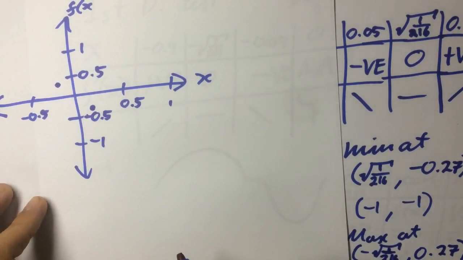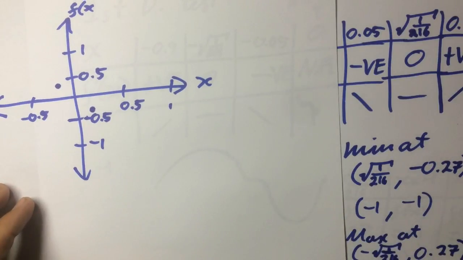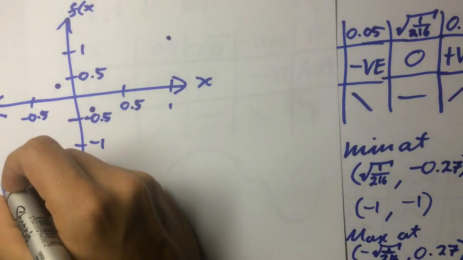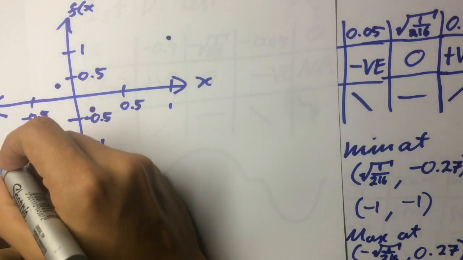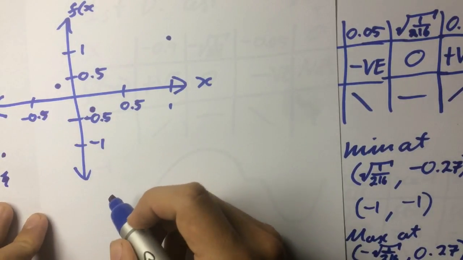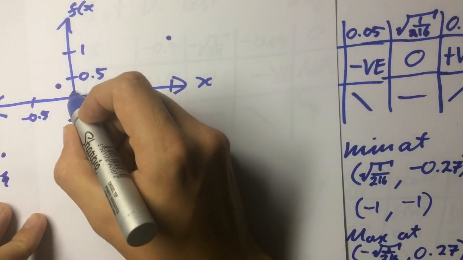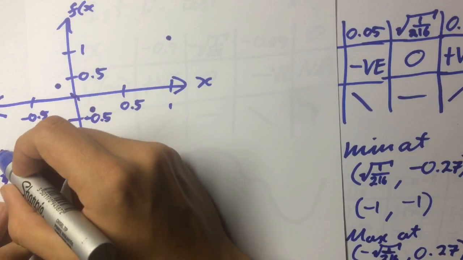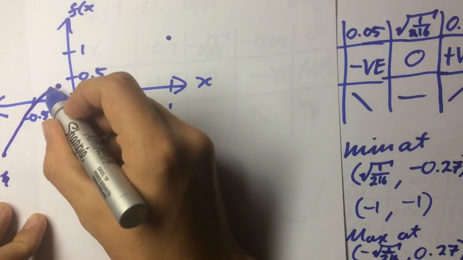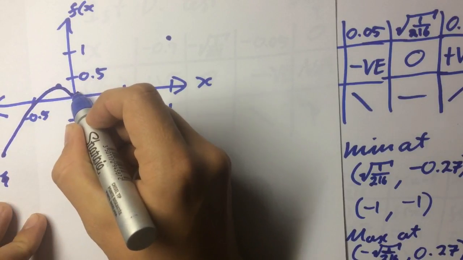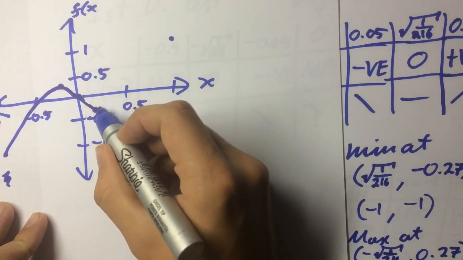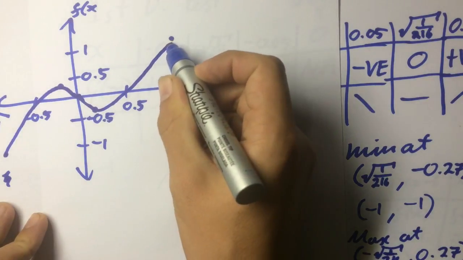Okay, and then we've got the maximum at 1, 1, and the minimum at -1, -1. And we have like a saddle shape here. So therefore, if we draw it, it'll come up, it'll come down here, it'll go at a saddle, and then it will come up like this.